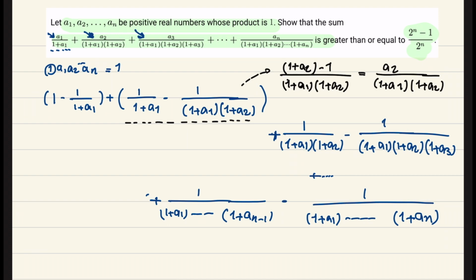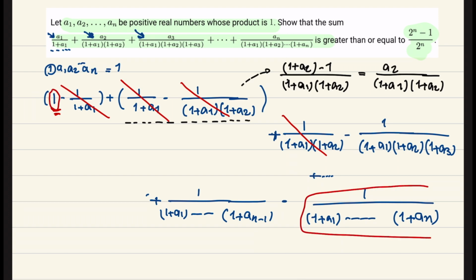And if we take a look at these expressions, we see that there is an interesting thing happening here: this term is simplified by this term, and this term is simplified by this term, and so on. So if you continue simplifying the expressions, we will end up with the first term, which is 1, and the last term. So from this giant term that we had, we are only left with 2 terms.